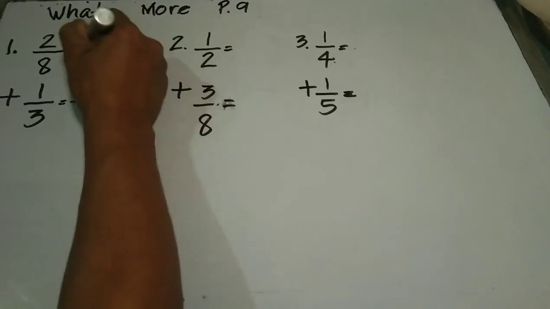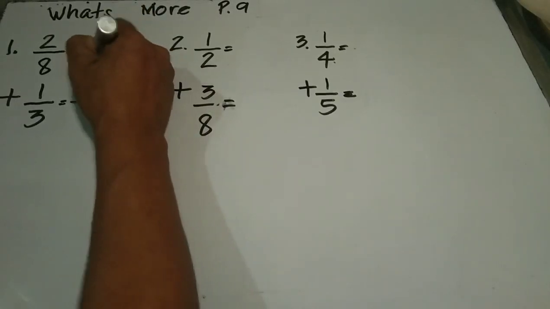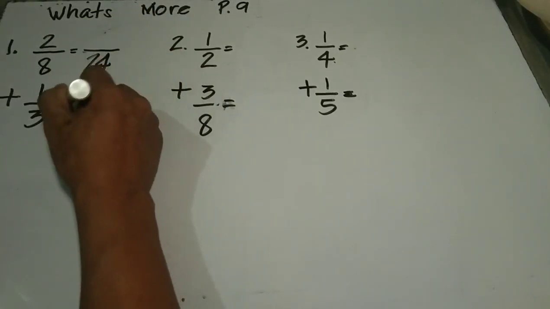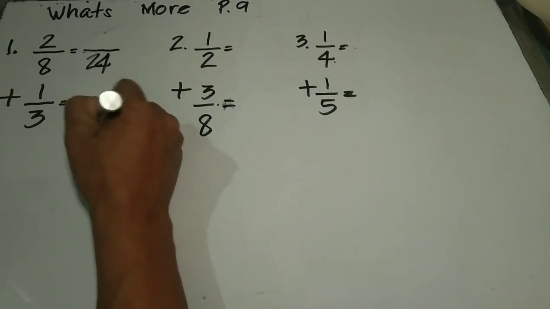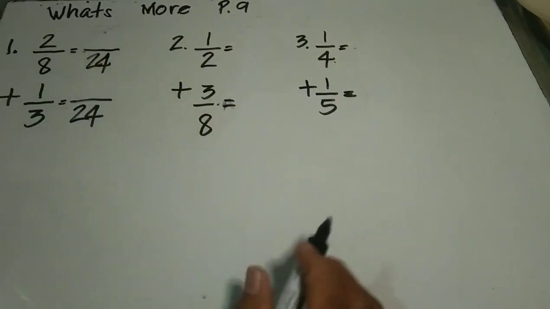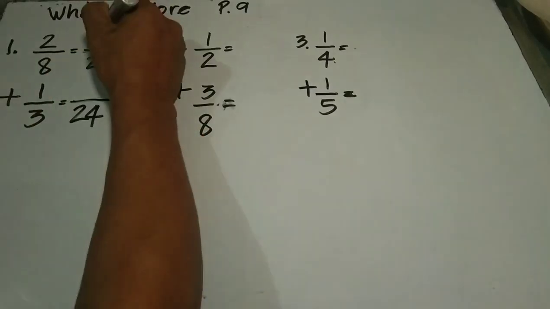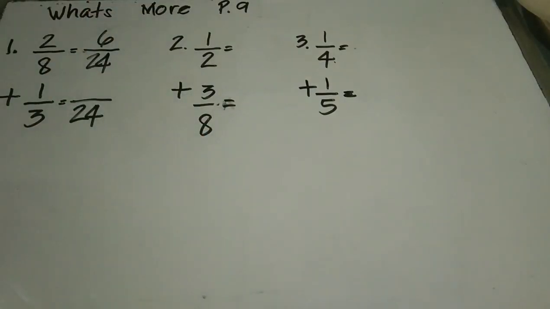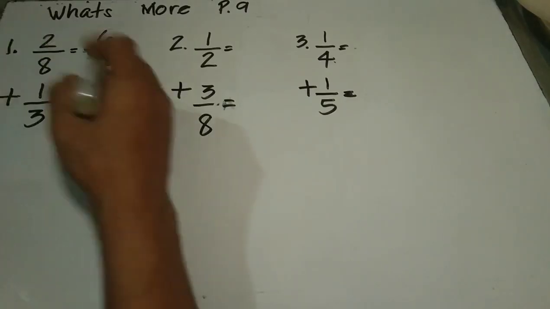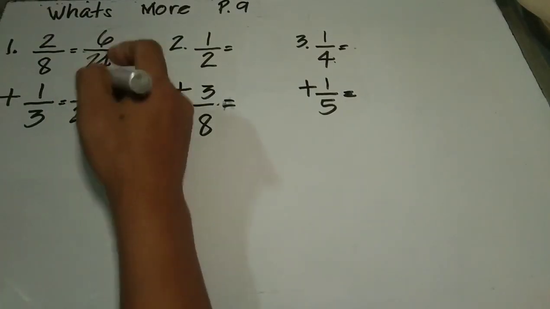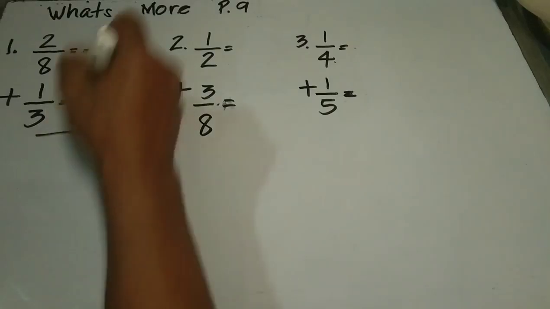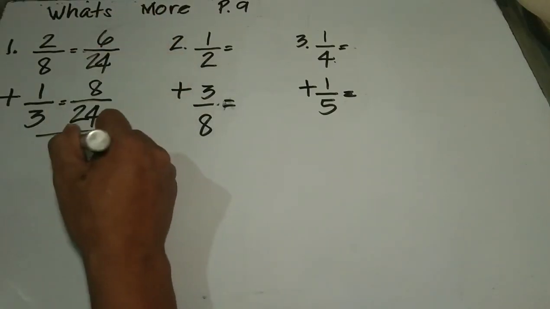So we have a denominator of 24. 24 divided by 8 is 3, times 2, we have 6. 24 divided by 3 is 8, times 1 will remain 8. So we will add 6 plus 8, we have 14.